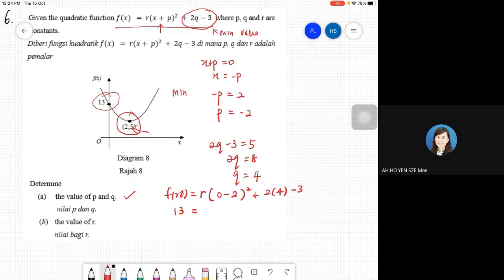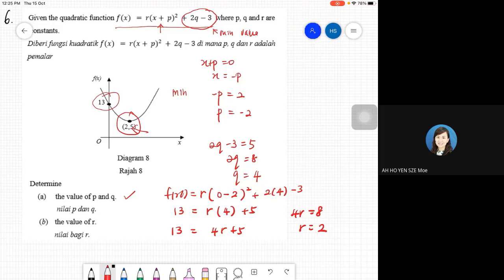So ini akan jadi 4. Ini akan jadi 8 tolak 3 akan jadi 5. So akan jadi 4R tambah 5 sama dengan 13. So from there you solve it, you get your R ni lah. So 4R akan sama dengan 8. R sama dengan 2 lah. So dah dapat lagi 1 markah.